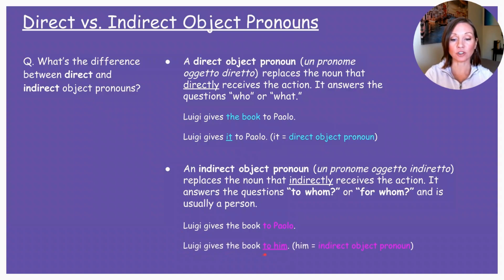Luigi gives the book to him. Okay, so in this case, it's the same sentence here, but Paolo is replaced by to him. Okay, to Paolo is replaced by to him. So him being the indirect object pronoun, okay, because he is indirectly receiving the action.